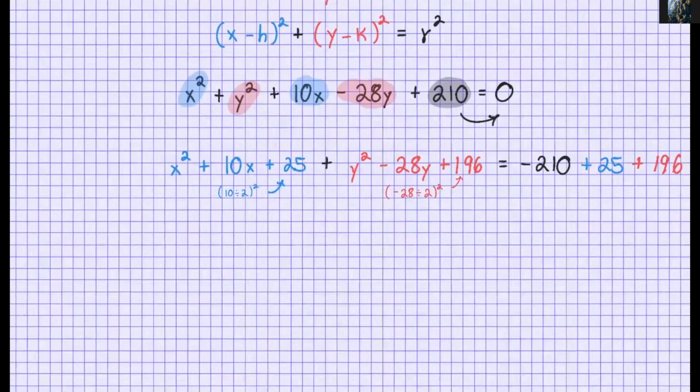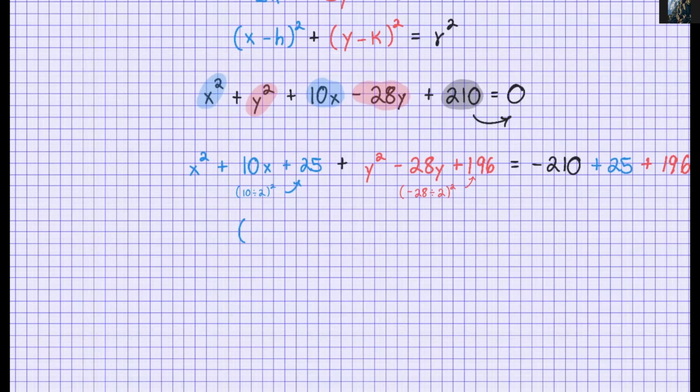So I will have (x + 5) squared plus (y - 14) squared. This will equal 11.